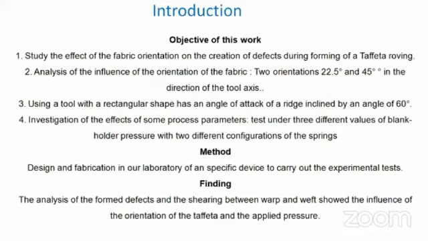Introduction. The objective of this work is to study the effect of fabric orientation on the creation of defects during forming of taffeta roving. Analysis of the influence of the orientation of the fabric, at 22.5 degrees and 45 degrees to the direction of the tool axis, using a rectangular tool with a ridge inclined at an angle of 16 degrees.